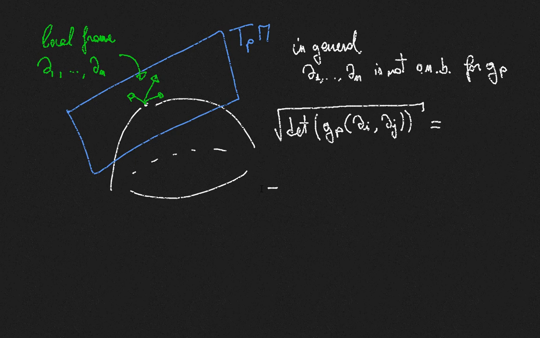But this is just the square root of the determinant of the matrix given by the elements g_ij. So this is the infinitesimal comparison between the volume of the basis we have, the local frame, the basis we are working in, and a unit parallelotope for the metric.